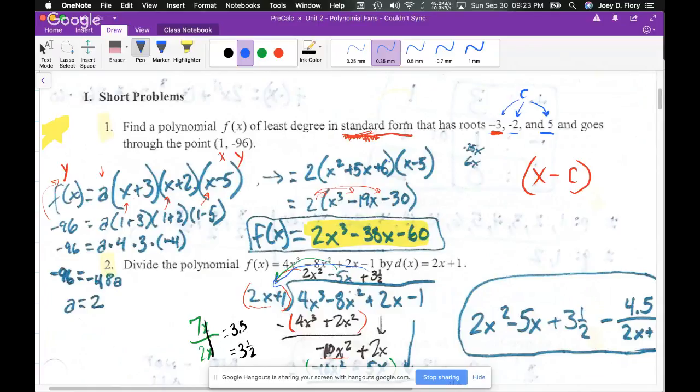So putting those into factored form, and then putting this a coefficient out front, our leading coefficient, to let us know that there may be a vertical stretch or a flip factor to this. And we don't know what that is yet, but we're going to find out in just a moment.